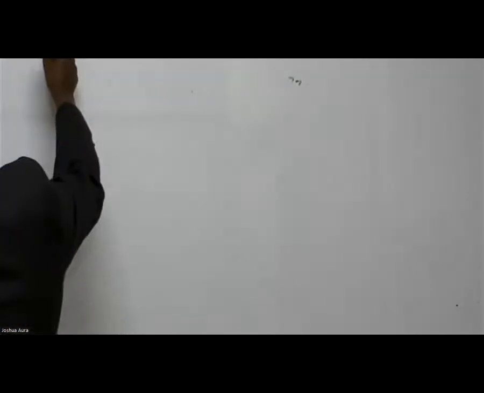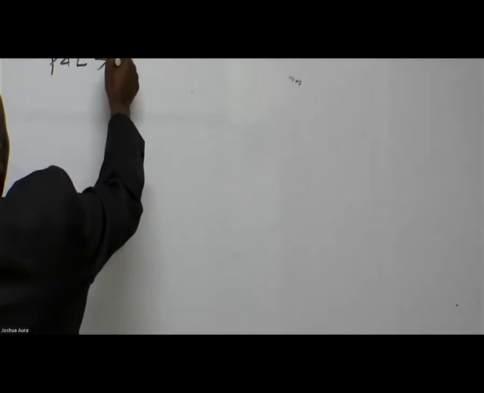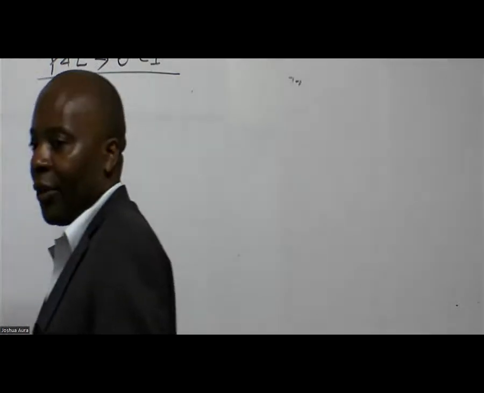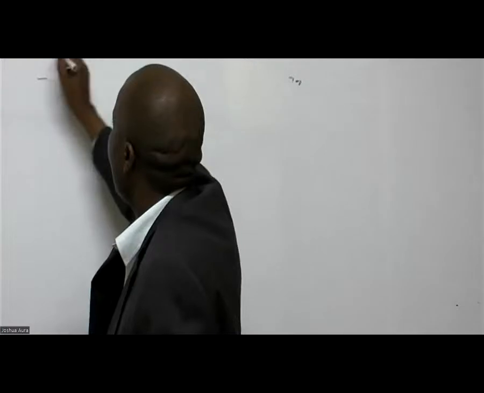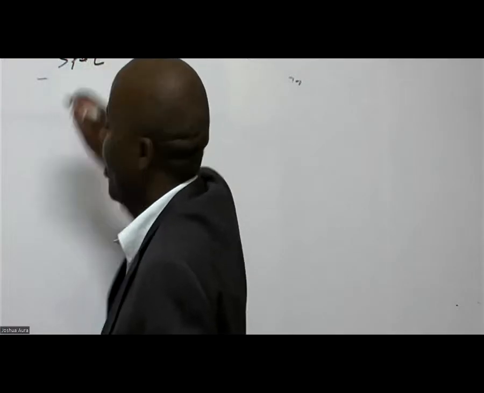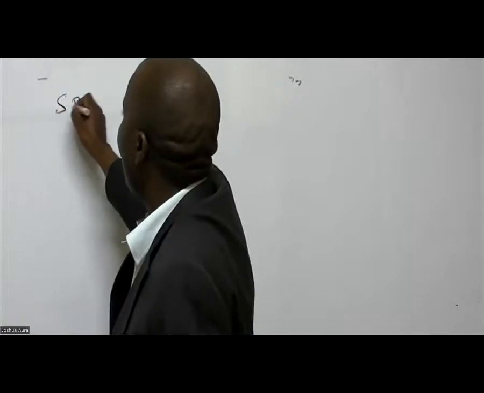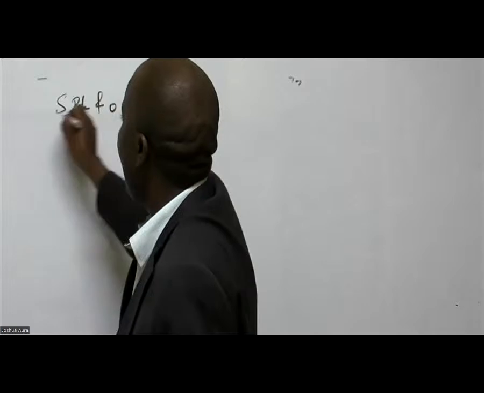Under profit and loss, and of course, other comprehensive incomes. So statement of profit and loss, statement of P and L, and other comprehensive incomes.